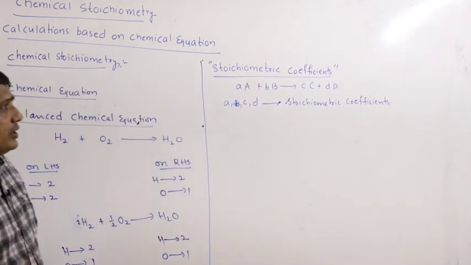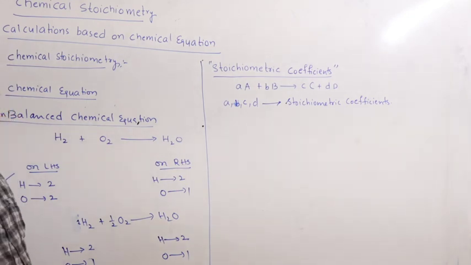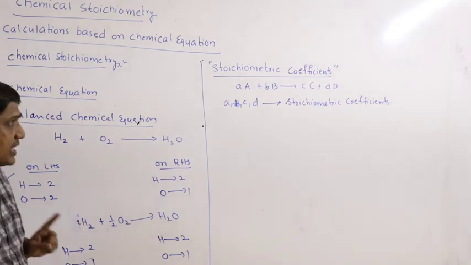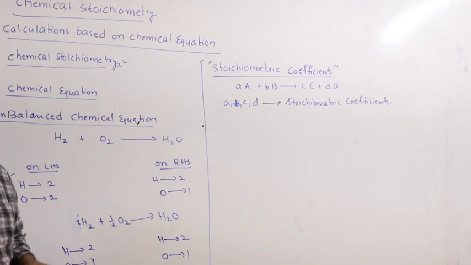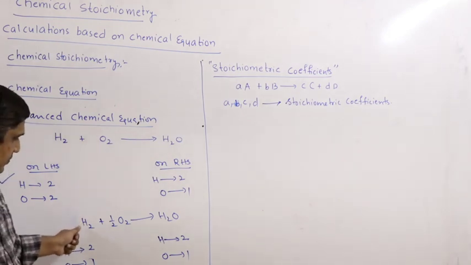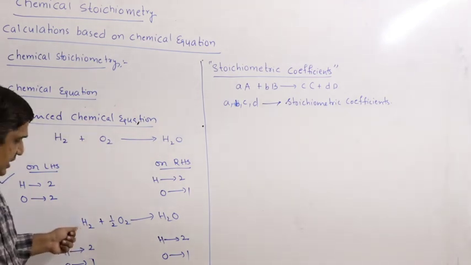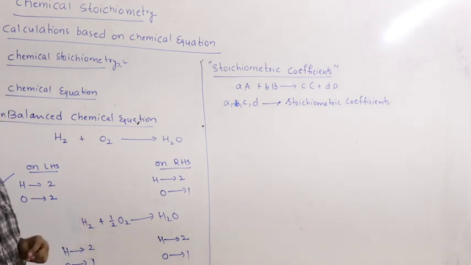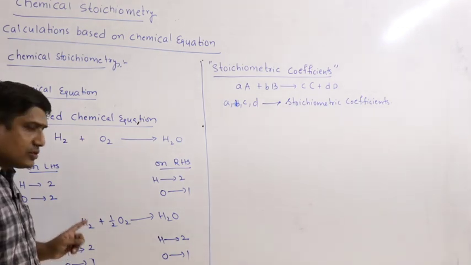So stoichiometric coefficients are nothing but numbers present before atoms or molecules in the balanced chemical equation. Remember, stoichiometric coefficient 1 is not written. Here we do not write 1. If nothing is there, that means by default you have to consider it as 1.